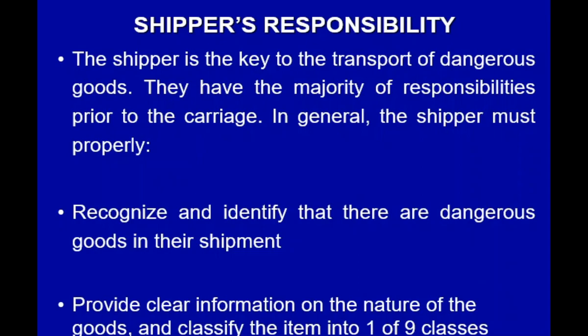In general, the shipper must properly recognize and identify that there are dangerous goods in their shipment, and subsequently they should provide clear information on the nature of the goods and classify them into one of the 9 classes of dangerous goods.